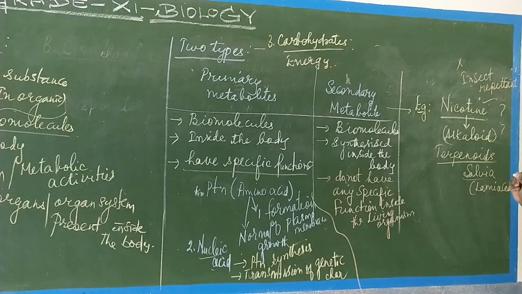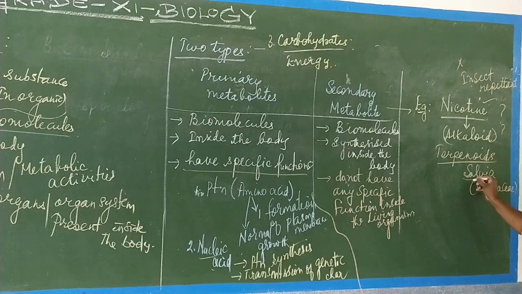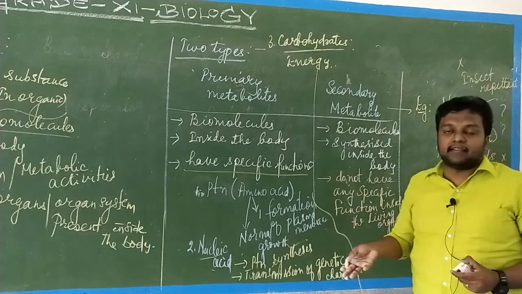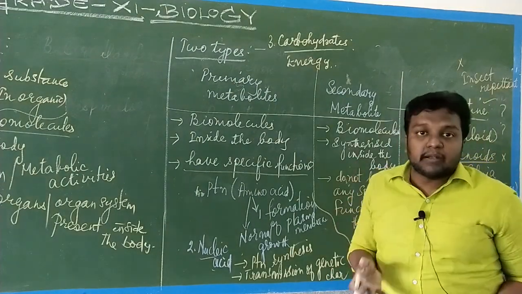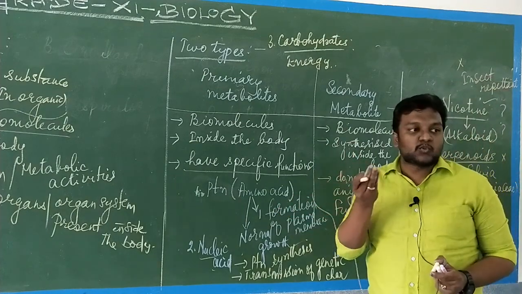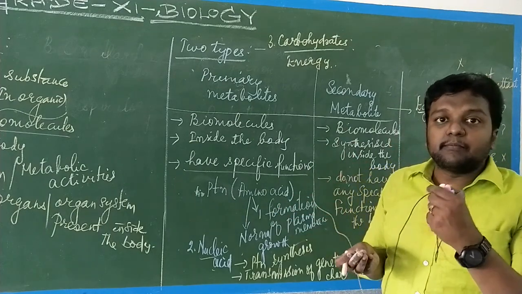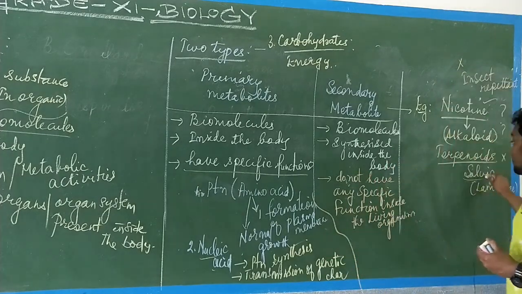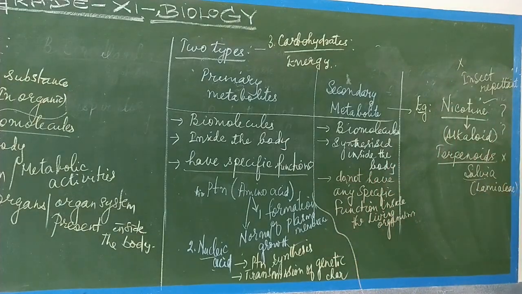In the salvia plant, does this terpenoid play any significant role in metabolic activities? No, it will not help. Whereas terpenoids have other beneficial uses for human beings, like being widely used as a flavoring agent in many dishes, sweets and ice creams. But to that particular plant the terpenoids have no role.